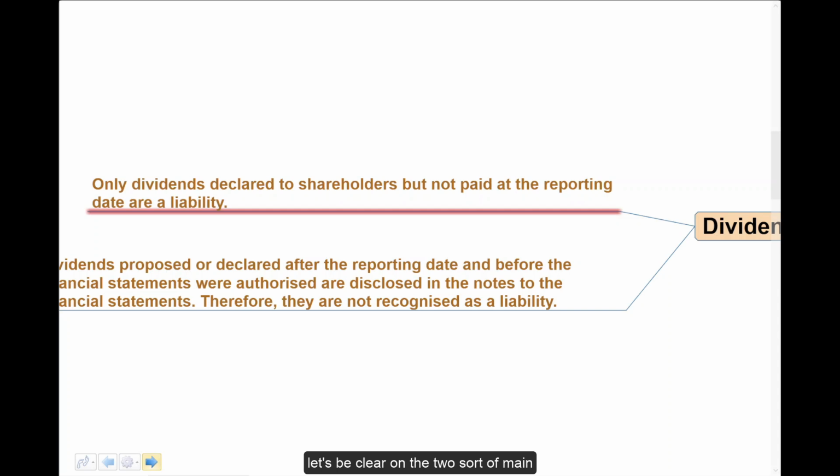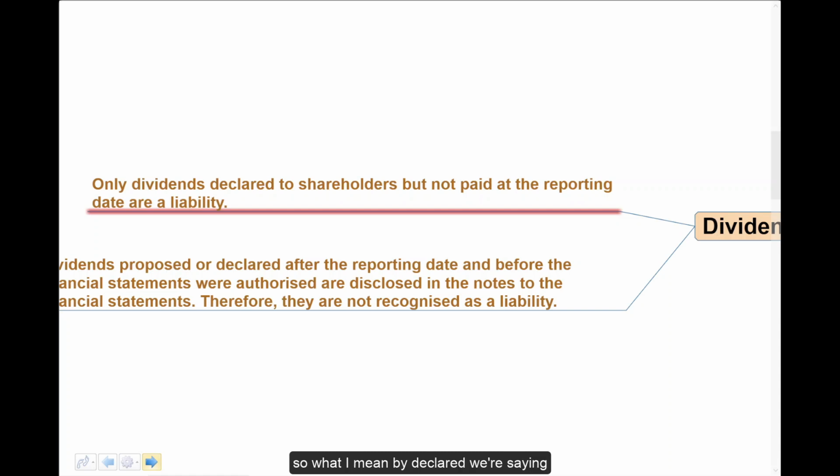Let's be clear on the two sort of main options, as it were. So in the first instance, where we have dividends declared to shareholders but not paid at the reporting date, they're a liability. In other words, within the accounts, we need to account for them, i.e. journal them in and create a liability.